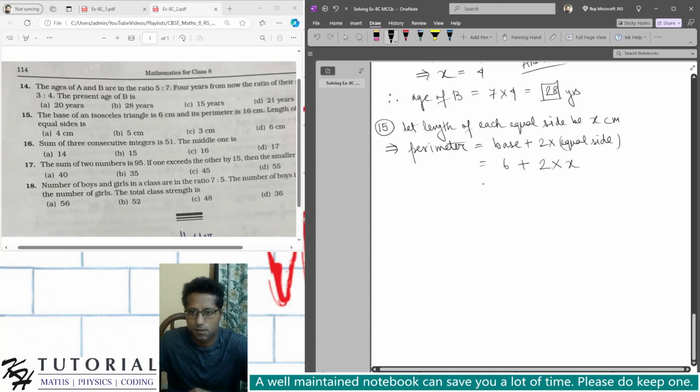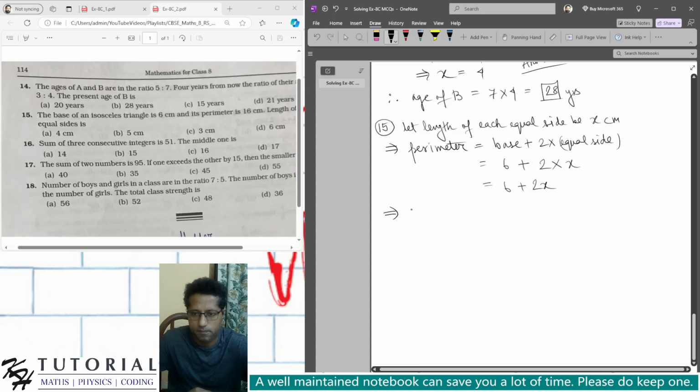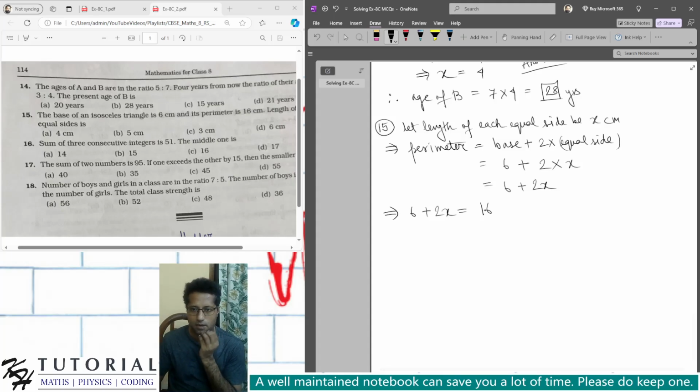So we got 6 plus 2x, and the perimeter is given to be 16 centimeter. So 6 plus 2x is equal to 16. This is the equation we have formed, where we have assumed x to be the length of each equal side.